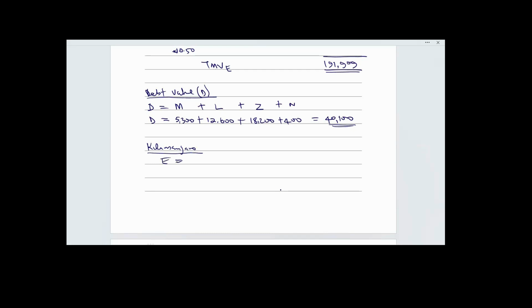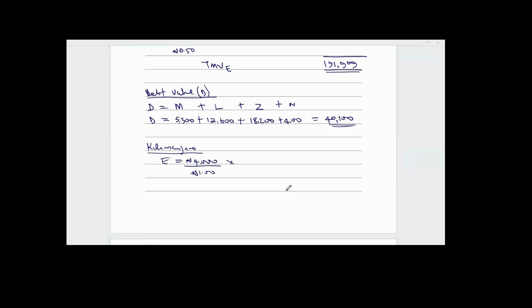Equity value equal to, what's the share capital of Kilimanjaro? The share capital of Kilimanjaro is 4,000. What's the nominal price of Kilimanjaro? 1 naira. So 4,000 divided by 1 naira, multiplied by the market price per share of Kilimanjaro. We don't have it, so we need to calculate it.